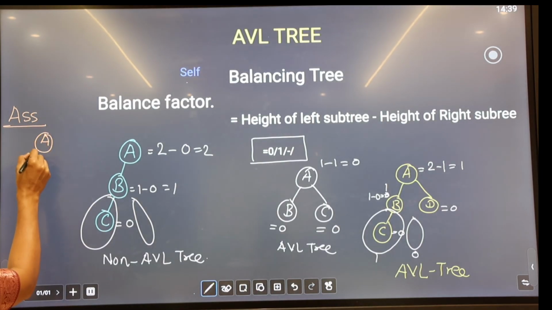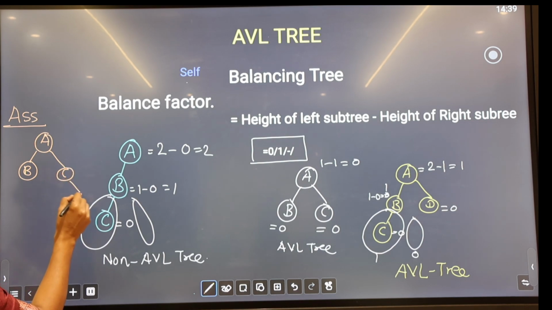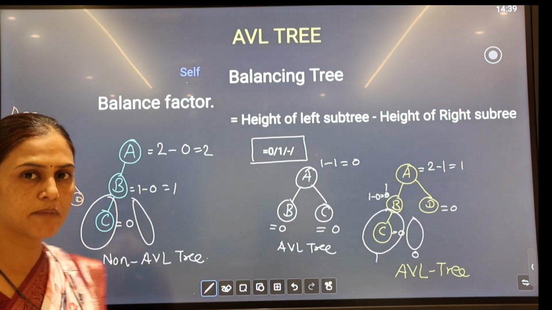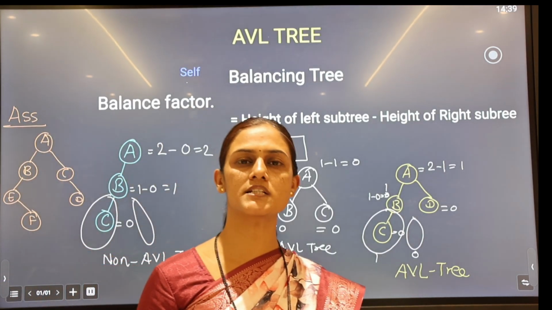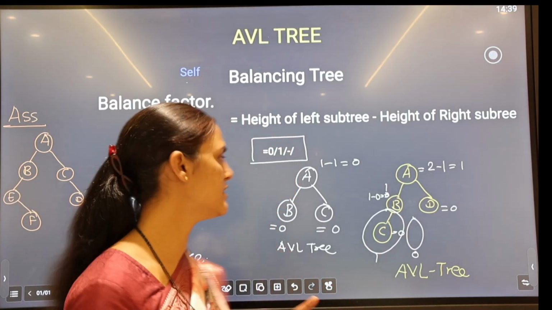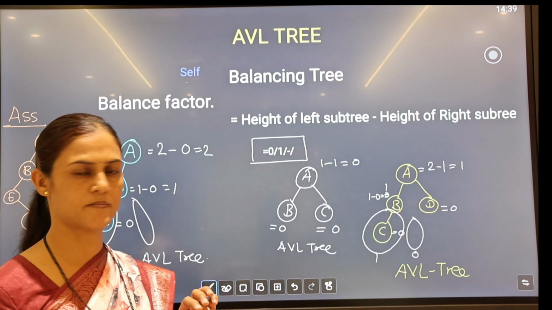Suppose A, B, C, D, E and F. For this binary tree, calculate balance factor of each node first and then find out whether the given tree is AVL tree or non-AVL tree.